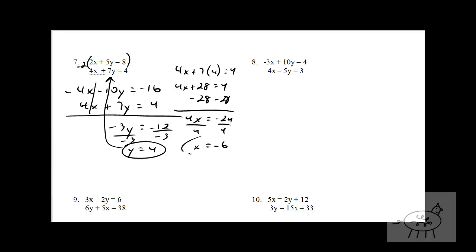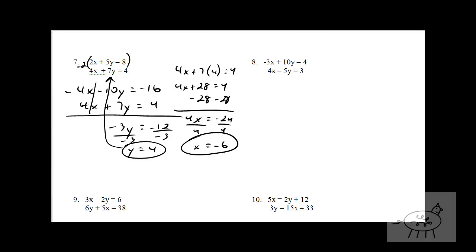Okay, so I get 4x plus 7 times 4 equals 4. So 4x plus 28 equals 4. Subtract 28. 4x is equal to 4 minus 28. Again, use your calculator, it's fine. It's negative 24. Divide by 4. x equals negative 6. So there you go. x is negative 6 and y is 4.